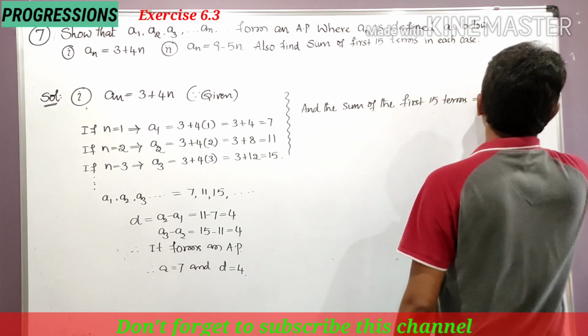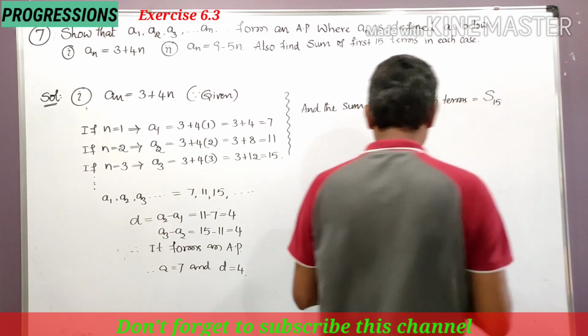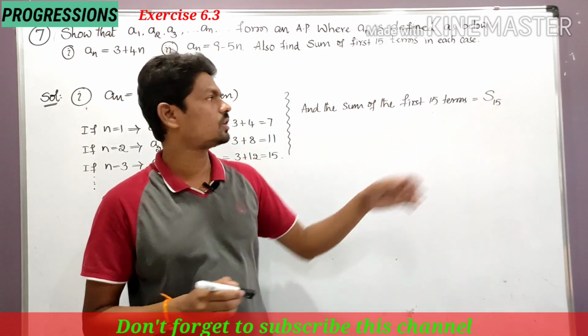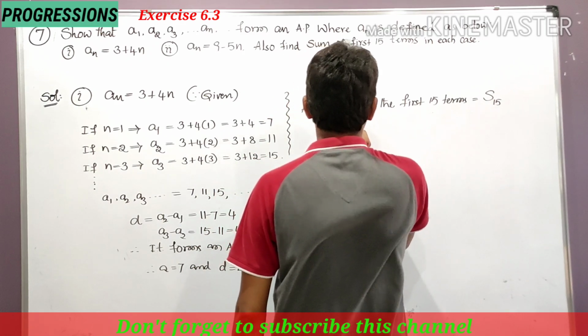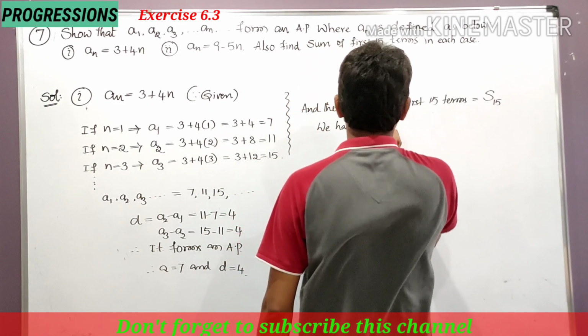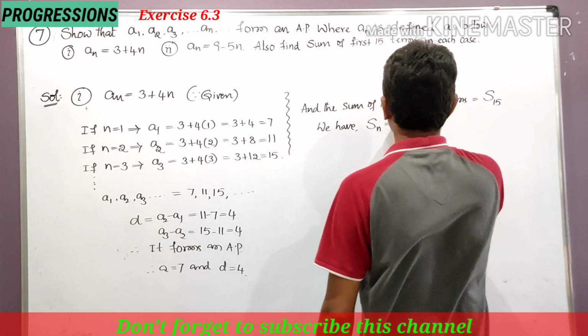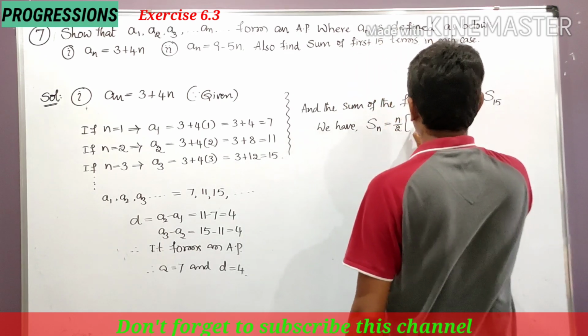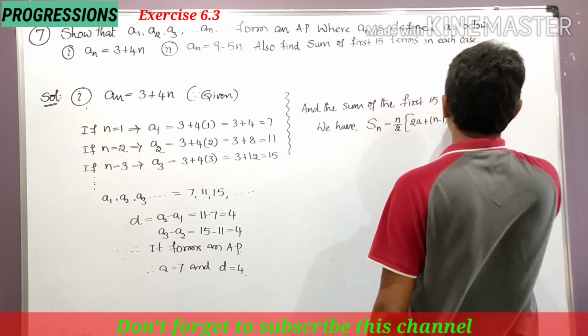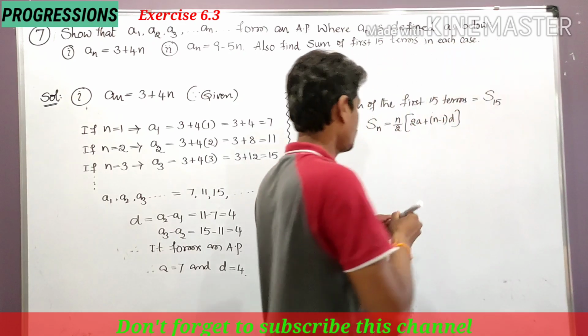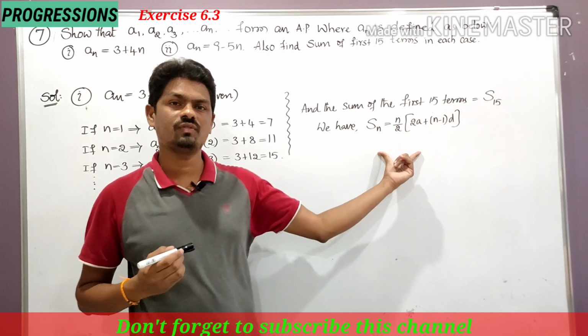It is denoted by S15. We have Sn, the sum of n terms of an arithmetic progression, is n by 2 into 2a plus n minus 1 into d. This is the formula we have to use to find the sum of the first 15 terms.